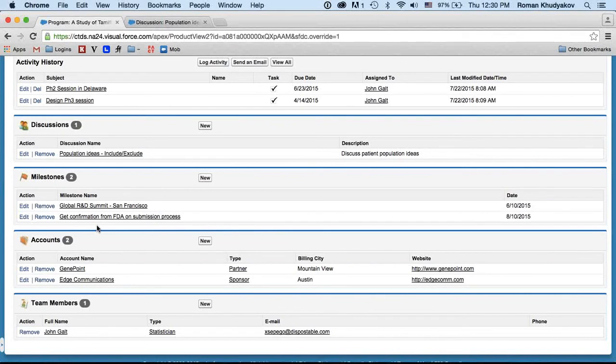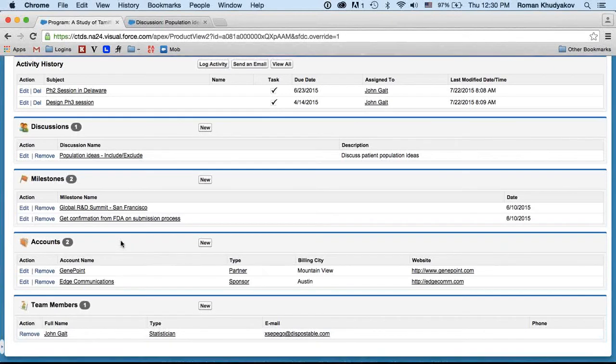Not only can you include your internal team into the design process, but also external organizations. They may be external laboratories or partner pharmaceutical companies or governmental authorities who are contributing to the design process. And you can keep track of them here in the accounts and team members section.